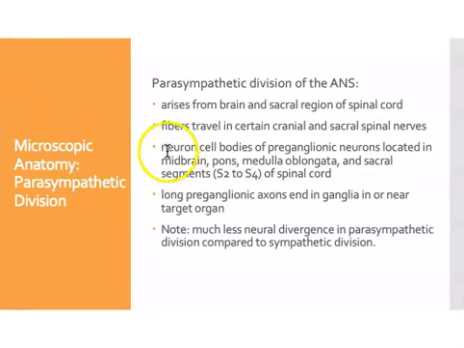Neuron cell bodies that are the preganglionic neuron can be found again in regions of the brainstem. So midbrain, pons, medulla oblongata. We're also going to see neuron cell bodies in the spinal cord, but specifically in the sacral spinal cord, and specifically from S2 to S4.